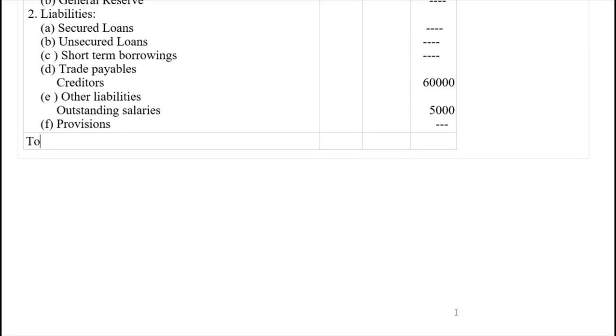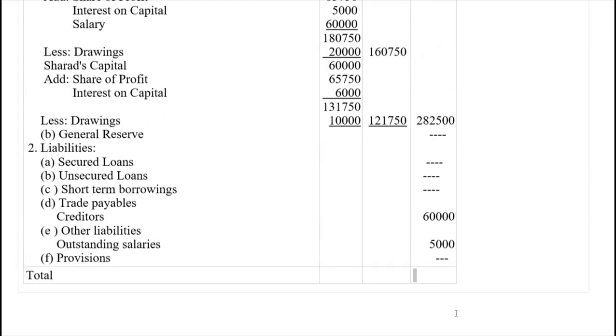Then total, let us take the total here. So here 2,82,500 plus 60,000, 3,42,500 plus 5,000, so 3,47,500.